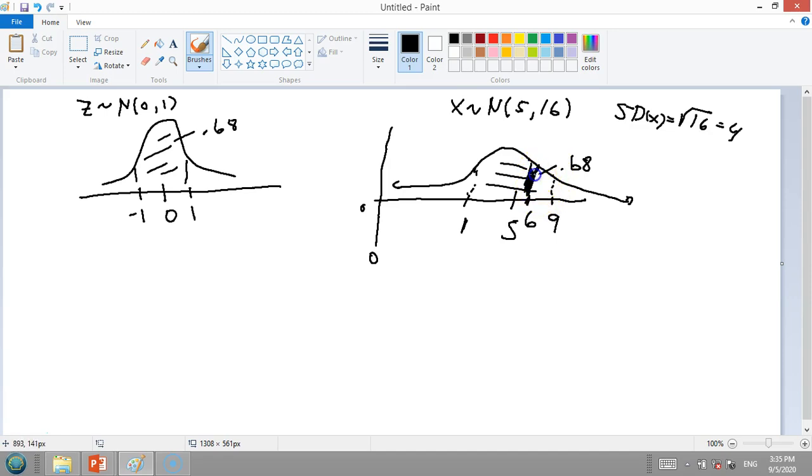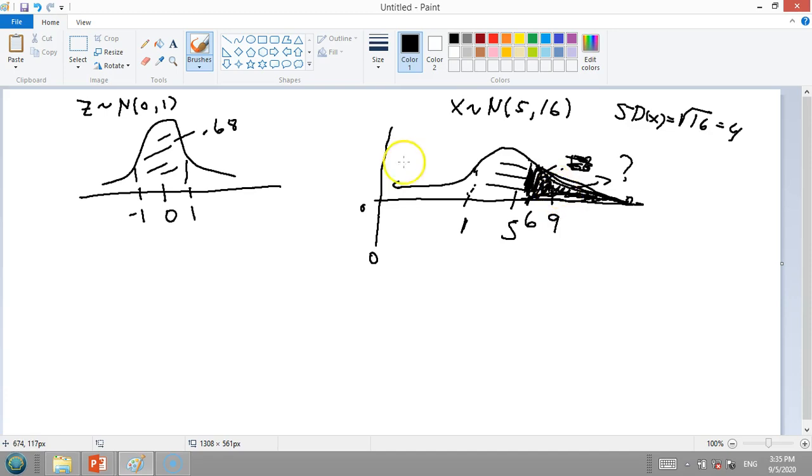So this should be the area to the right of 6. Like this, to the right of 6. This is some area. It's not 0.68. 0.68 is the area between 1 and 9. Okay, so let's scratch that out. I don't know this area here.